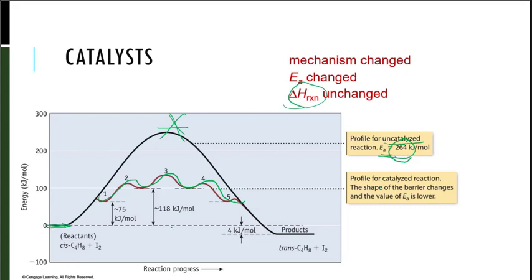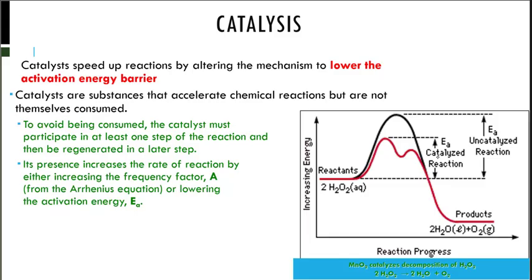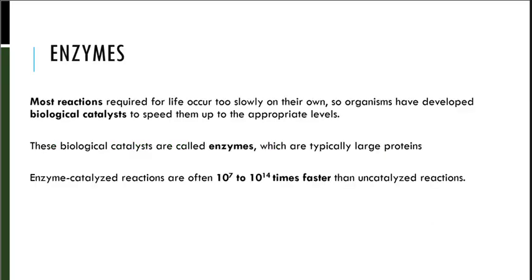The difference between my reactants energy and my products energy, this delta H, does not change, but the activation energy changes and the mechanism changes. Here is another example. We can see our catalyzed reaction has a lower activation energy compared to the uncatalyzed reaction.